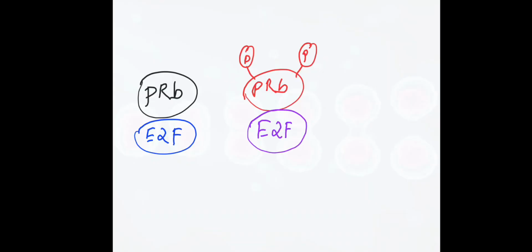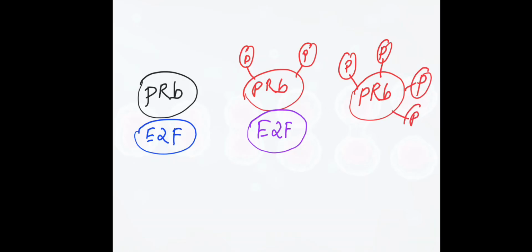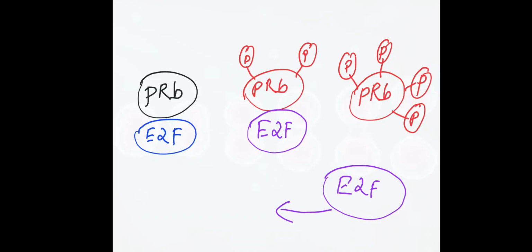Imagine there is a larger number of phosphate friends for PRB. It is engaged with all these friends, so it will not bind to E2F. E2F is now free. So there is no bond with E2F. Then what happens? E2F will form a complex with DP.